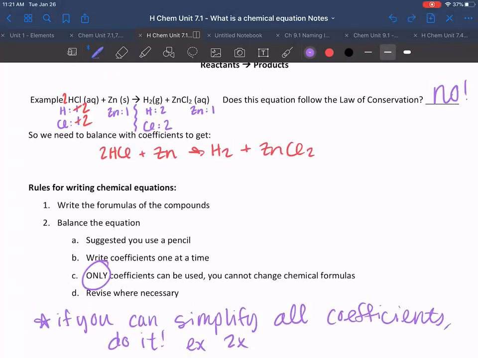That's supposed to be a plus. Does that make a little bit more sense with an example? Sorry, I shouldn't use a reaction arrow here. Oh my, I cannot draw it out today. Okay, any questions on that? So just pretty much all coefficients divisible by the same number, do it. Okay, moving on.